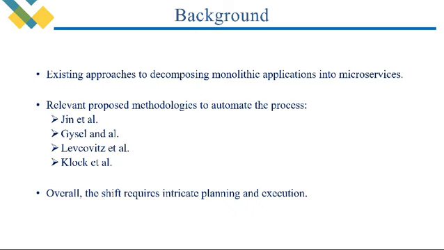Moreover, Clock et al., on the other hand, introduce an automated approach to optimize microservice performance and scalability by analyzing architecture, workload, and functionalities, underscoring the significance of performance metrics in microservice architectures. Overall, the shift from monolithic to microservice architectures requires intricate planning and execution, with automated tools and methodologies playing a crucial role in simplifying this transition.